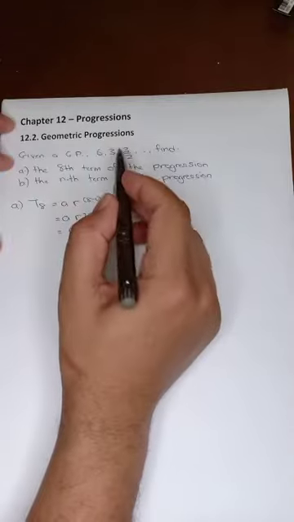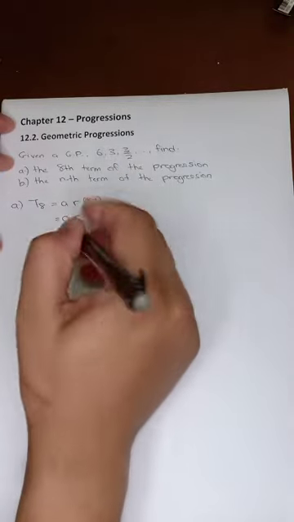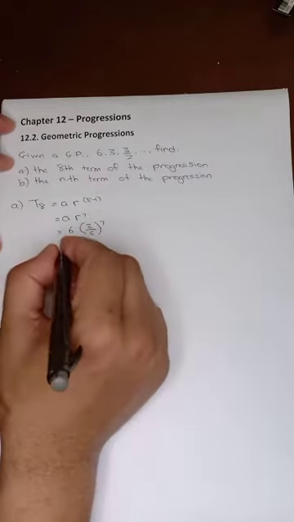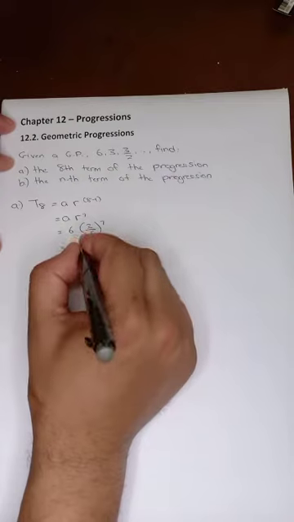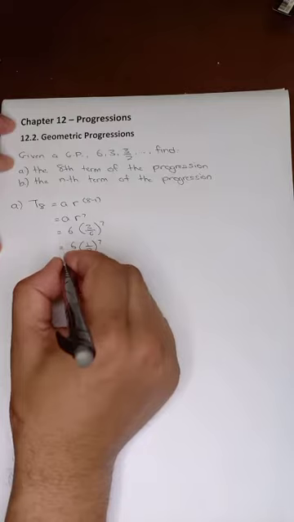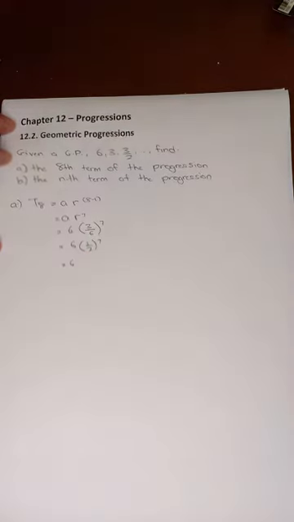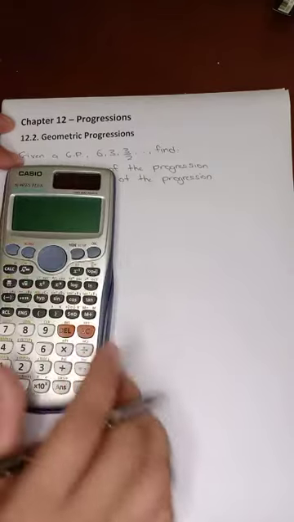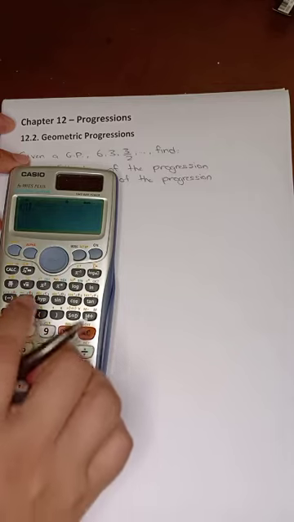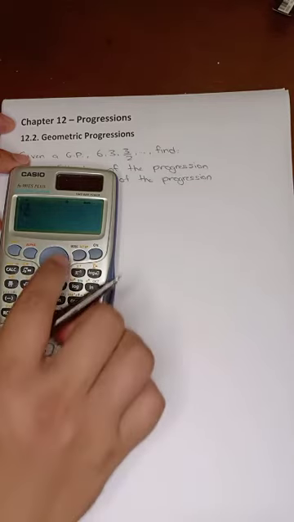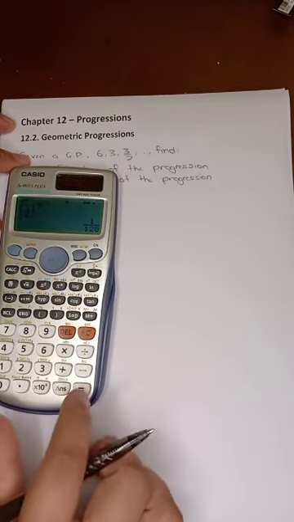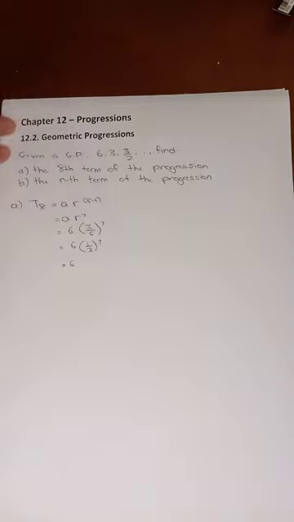So to get your common ratio, you just divide T2 by T1. Okay, so you get 3 over 6 to the power of 7. You can simplify, it becomes 1 over 2 to the power of 7. You can use a calculator to get the answer. 1 over 2 to the power of 7 is equivalent to 1 over 128.